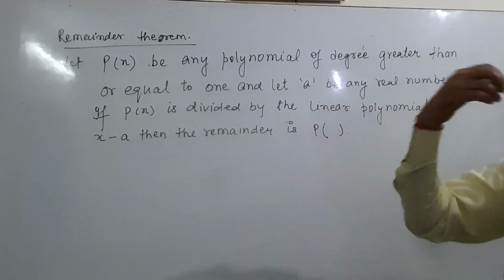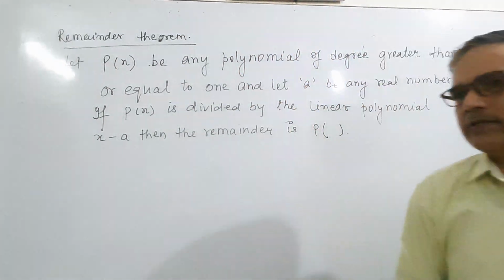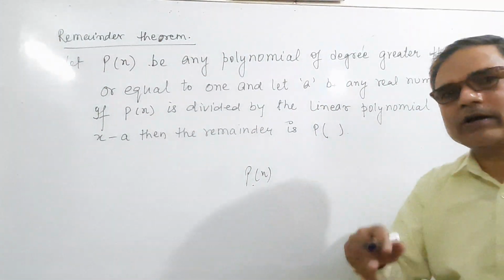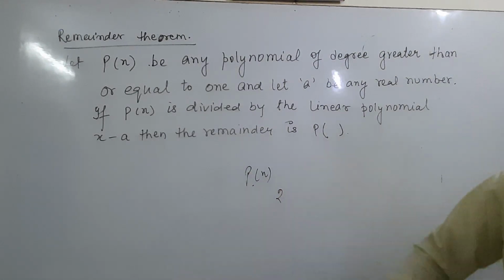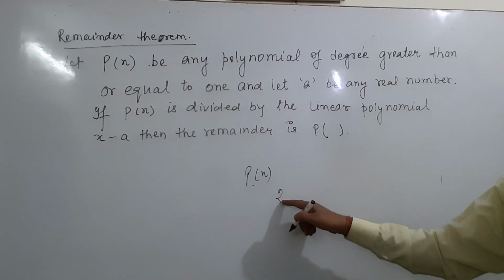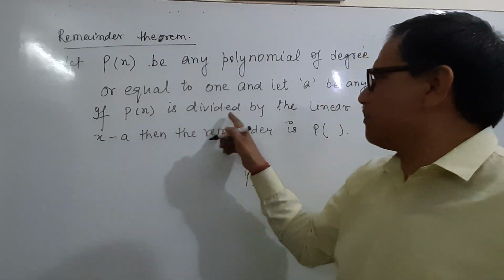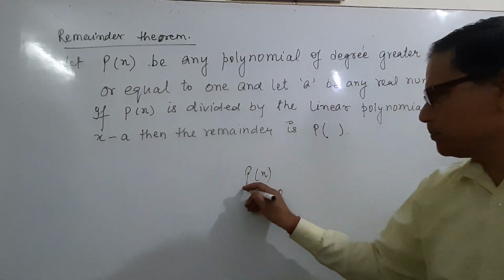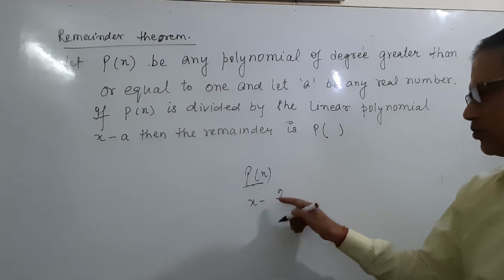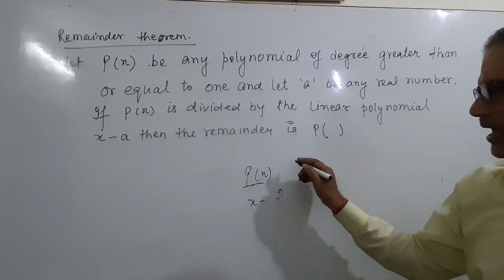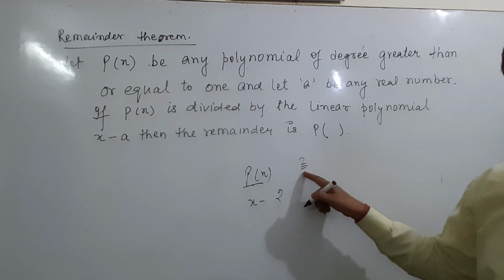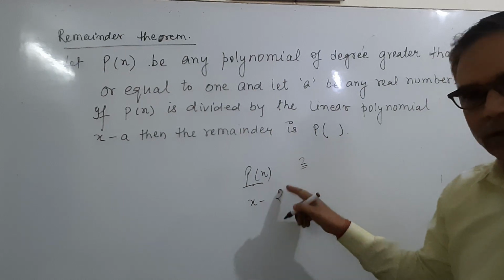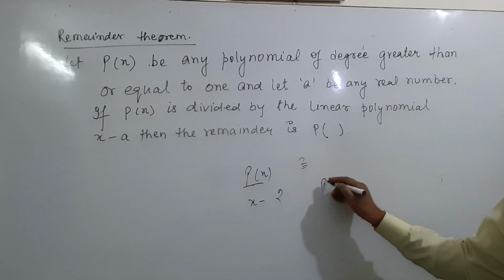Let a be any real number, any real number you can take. Listen carefully: p(x) is a polynomial with degree 1 or greater than 1, and a is any real number, like 2. If p(x) is divided by the linear polynomial x minus a, say x minus 2, now the sign is changed, then the remainder will be p of 2.